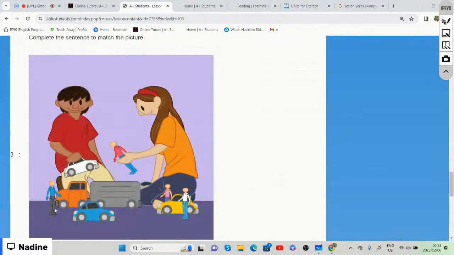And if you look at these two kids, right, what are they doing? We see toys, we see little cars.